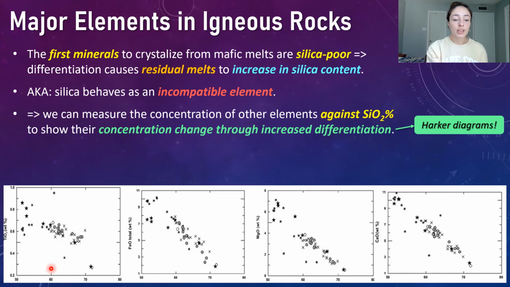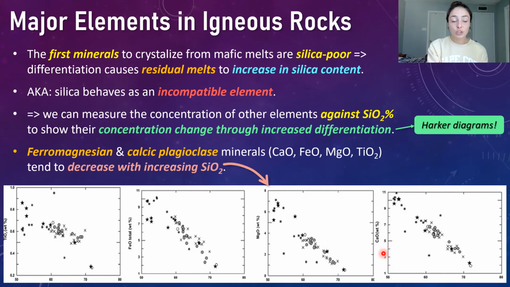And we can see that with increasing silica content, these elemental oxides specifically are decreasing. And this is basically showing that with increased differentiation in the magma chamber, the melt is becoming increasingly concentrated with silica, because we just said residual melt will increase in silica content, and it's becoming depleted in titanium, iron, magnesium, and calcium.